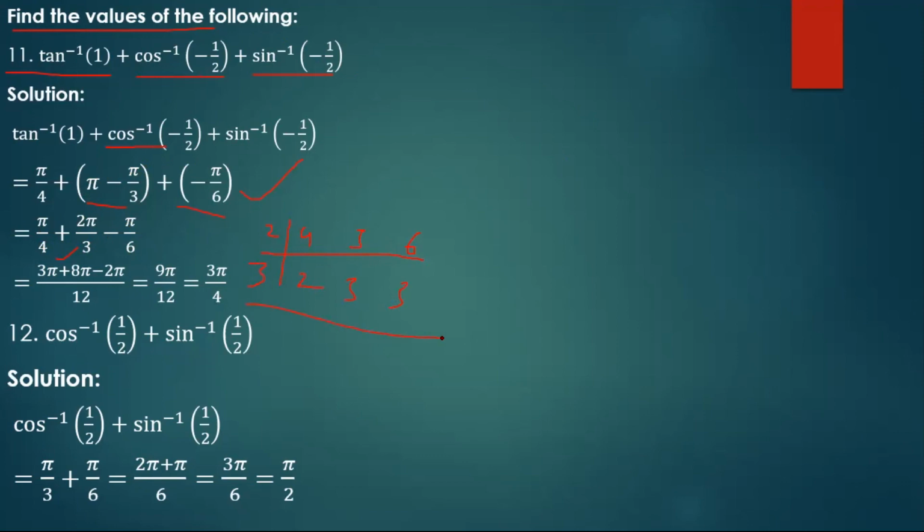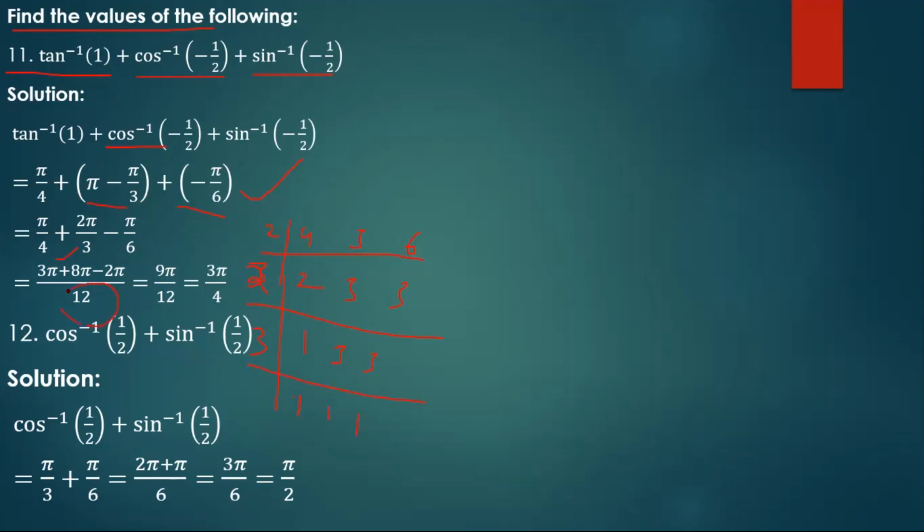Then, first we'll go for 2 only. So 1, 3, 3. Then what is remaining? 3. Don't need to do, but still I'm doing. So this is 1, 1, 1. Any doubt? So 3 twos are 6, 6 twos are 12.